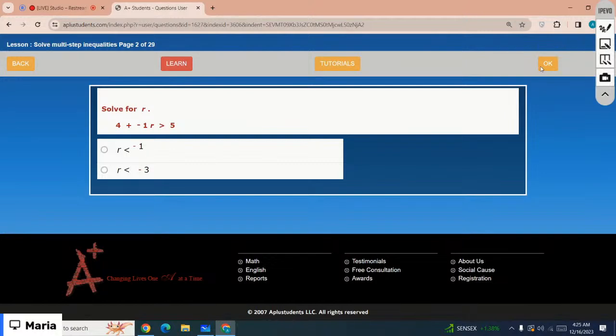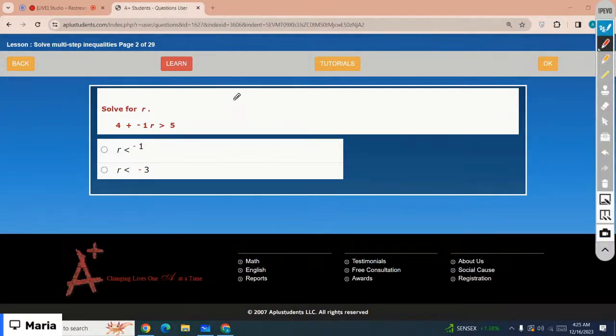Just move 4 to the other side, right? 5 minus 4 is simply 1. Okay, let's just solve. You have 4 plus negative 1 times r is greater than 5. Move that 4 first, right? That will be negative 1 times r, and 5 minus 4 is 1. So you have negative 1 here.